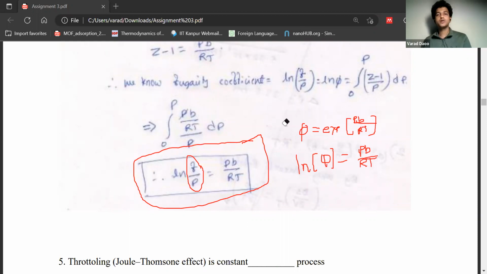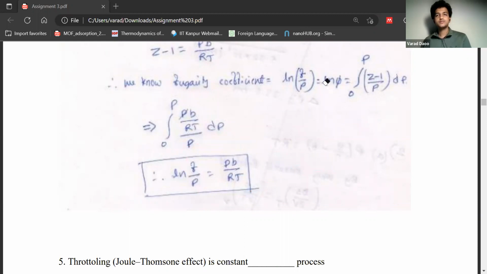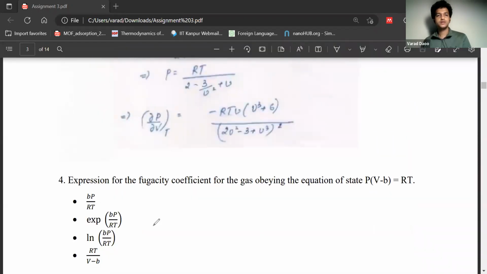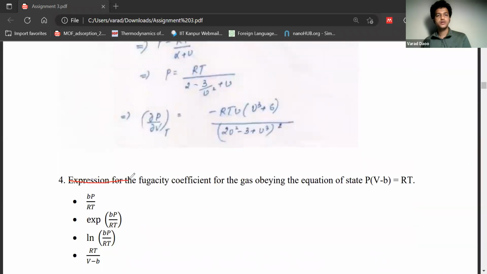So depending on the question. Here what they have asked is ln of pi, right? So here it should be the expression for ln of the fugacity coefficient. But there is a correction. If they have asked this, then the answer is going to be this. But if they are asking what is the fugacity coefficient, as per definition, this will be the answer.